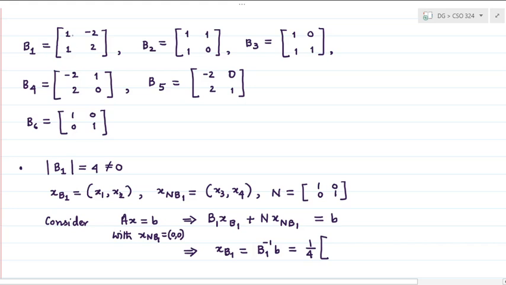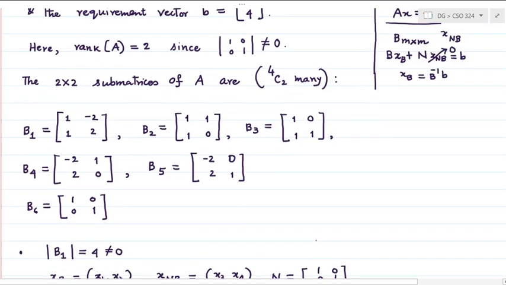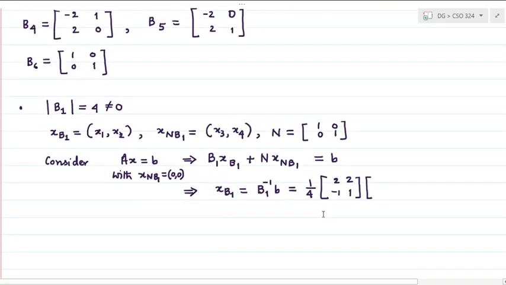the inverse that you all know. You have to interchange the diagonal entries 2 and 1, and multiply the other diagonal entries by negative, giving 2 and minus 1. This is the inverse of B1, times b. What is small b? Small b is 2 4.